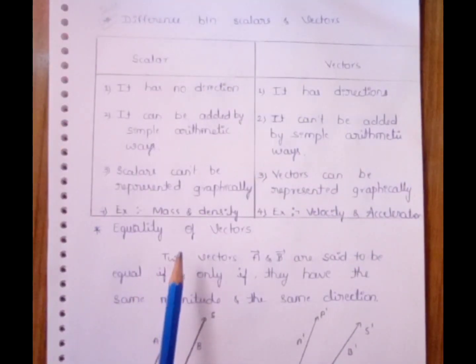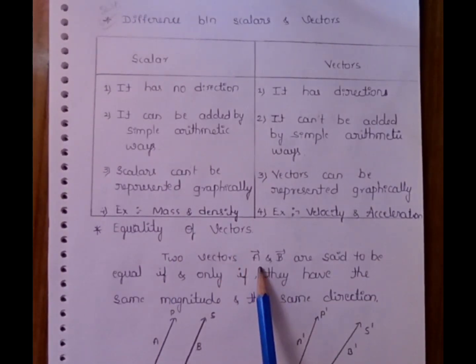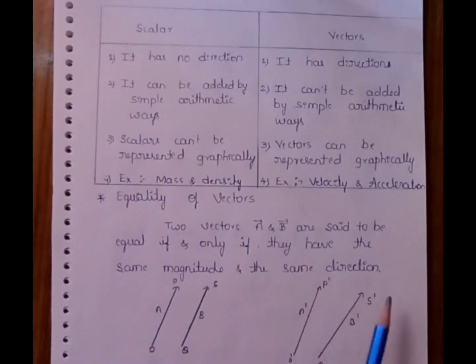Next concept is equality of vectors. If we consider two vectors, vector A and vector B, they are said to be equal if and only if they have the same magnitude and the same direction. Then we can say that the vectors are equal.